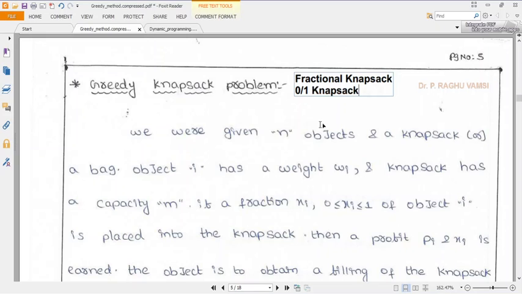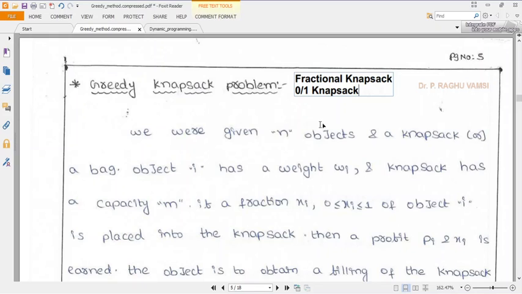So fractional knapsack is nothing but, for example, you have placed several items and there is some space available in the bag, but placing another whole item would exceed the capacity of the bag.